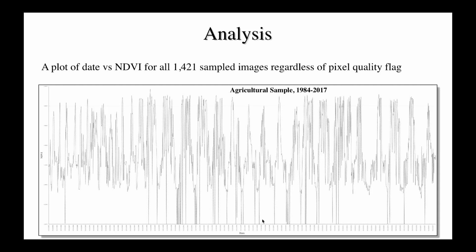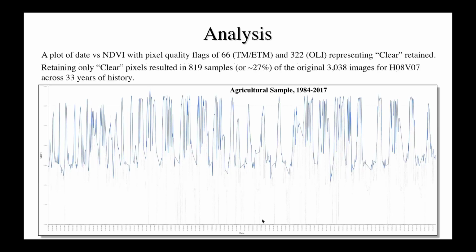If we sample it and extract only those with clear pixel quality flags, so 66 and 322, we end up with 819 of those 1,400 samples, or 819 of the 3,038 images, or about 27% of our image stack provided pixels that had a clear designation for both Landsat 8 and Landsat 7.